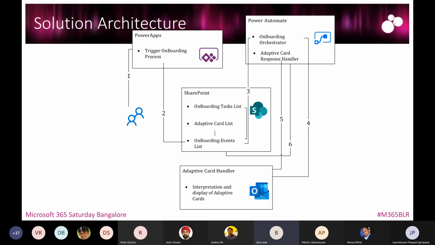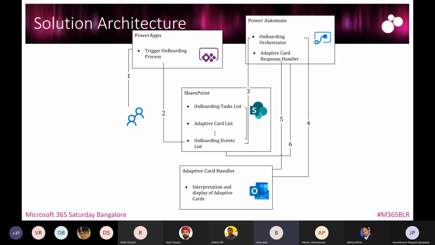So take a couple of seconds, think about how we can link number 5 and number 6, how we can make the response from an adaptive card update a specific SharePoint list item, the same one that was triggered by the onboarding orchestrator flow.